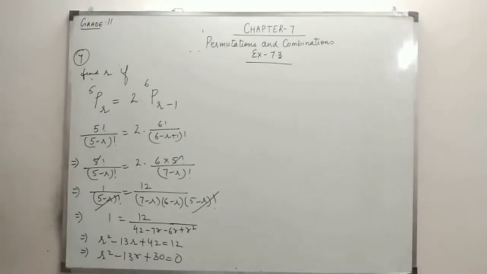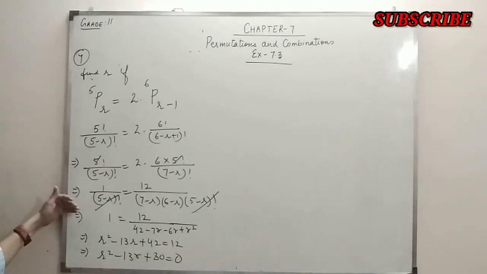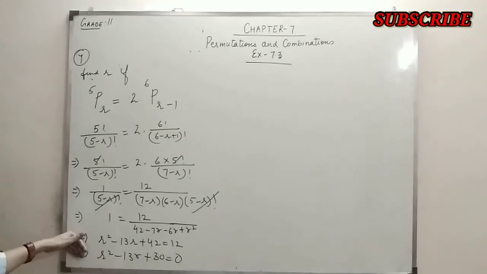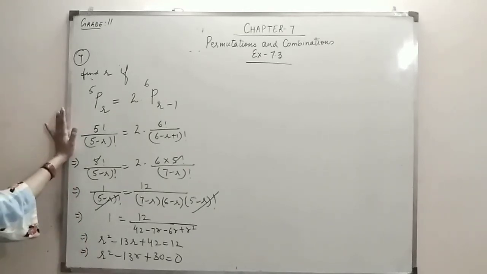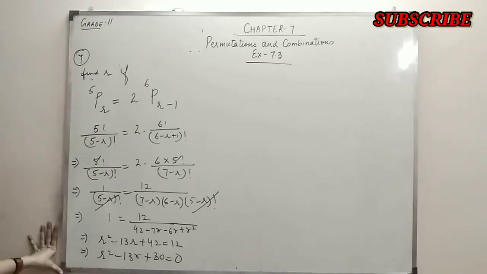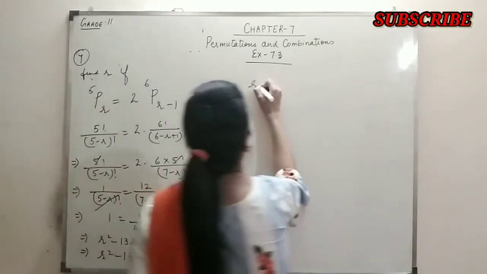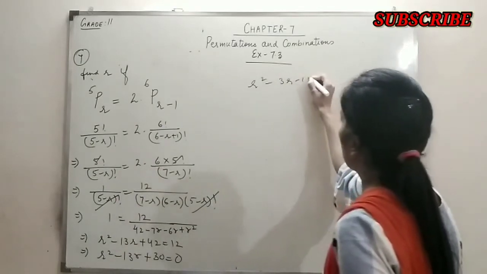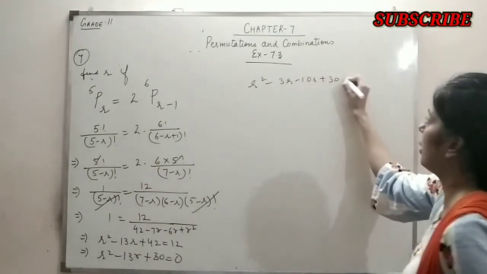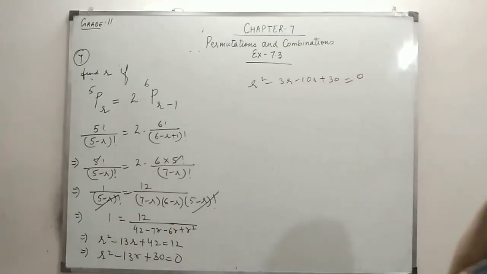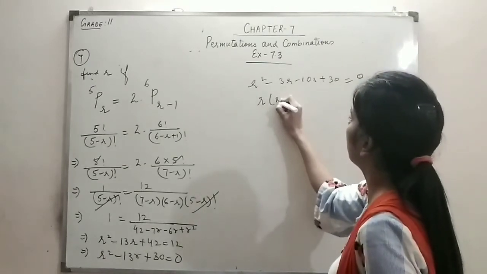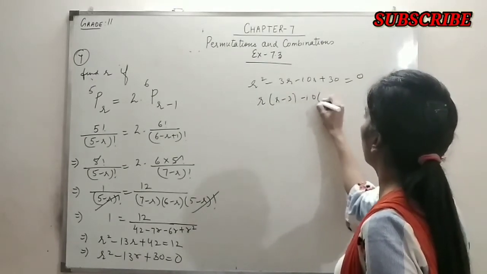Now you see you have a quadratic in r. You can solve it and find out the value of r. When you solve this quadratic, you have to choose two numbers. If you take minus 3 and minus 10, r square minus 3r minus 10r plus 30 equals 0, then you have two values of r.